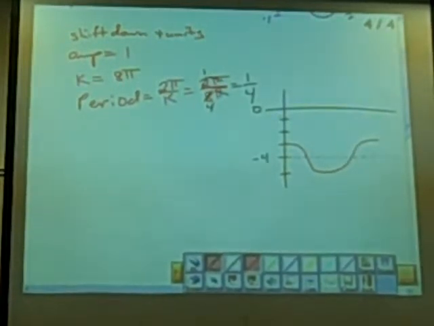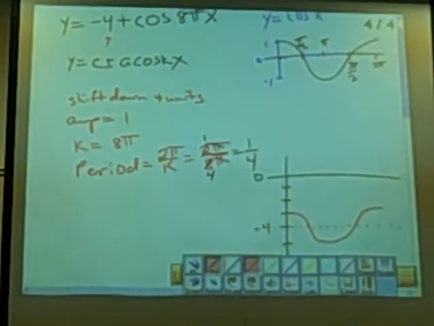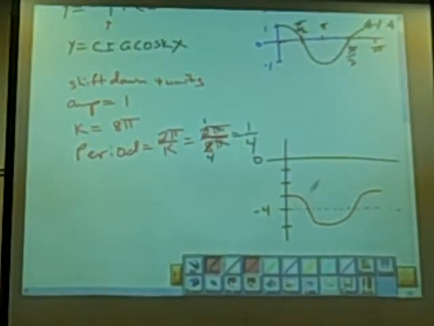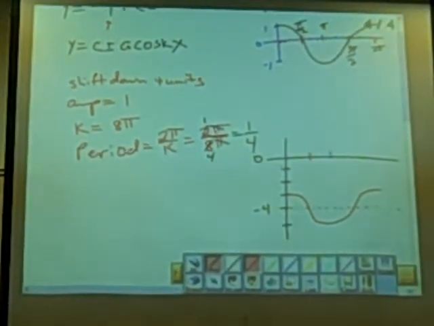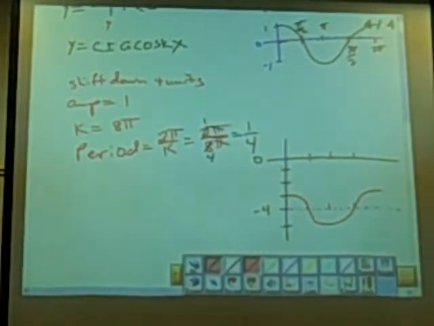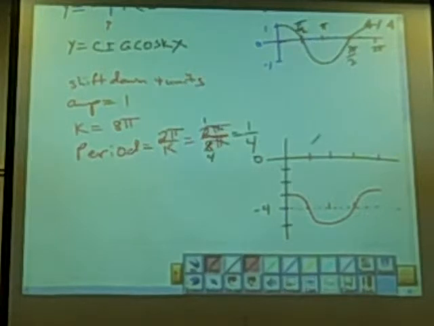Okay? So we need to figure out what our increments are. These increments here. And so it's not going to be pi over 2 this time, right?